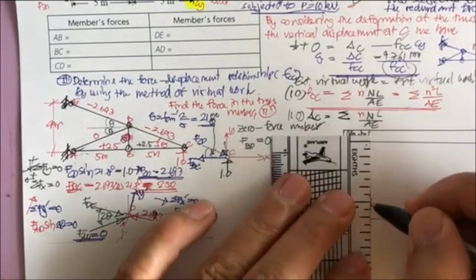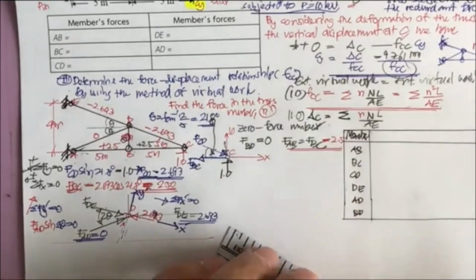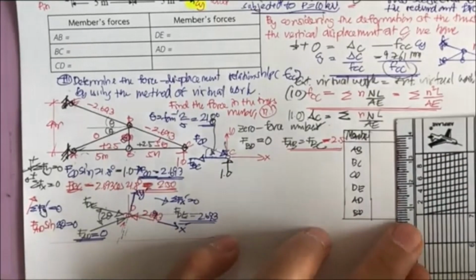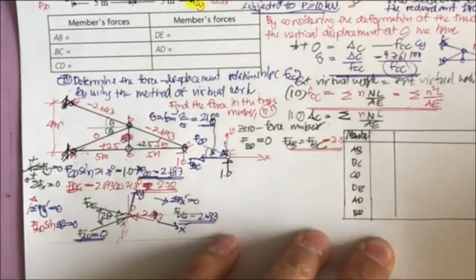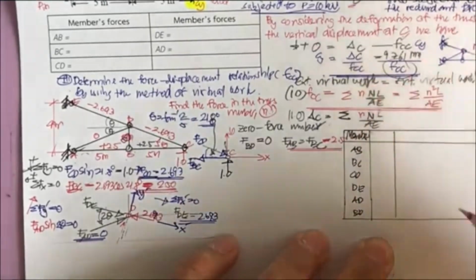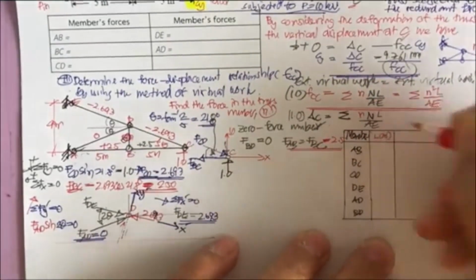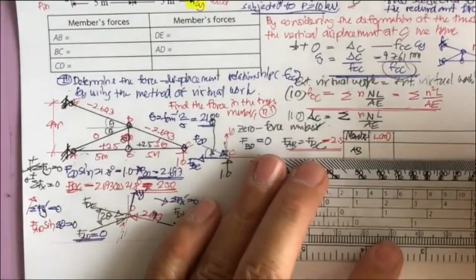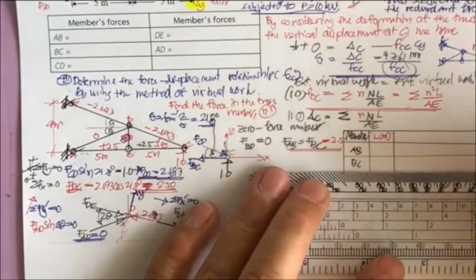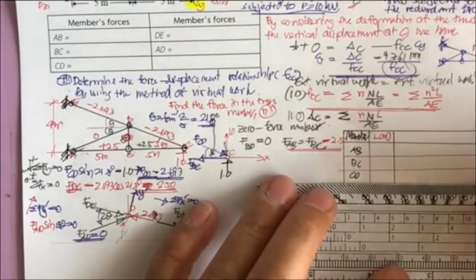Okay, that's all you have for these members. And you also have the L, right? This L is going to be in meter. And if possible, please have the horizontal line to separate them like this.